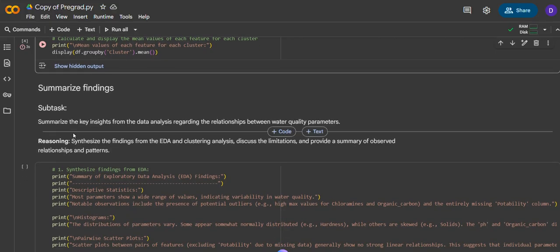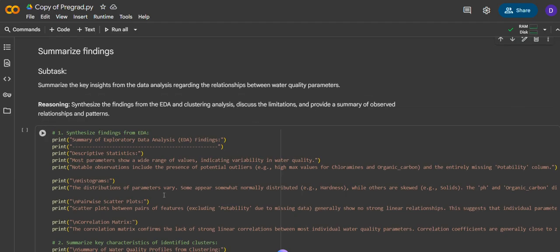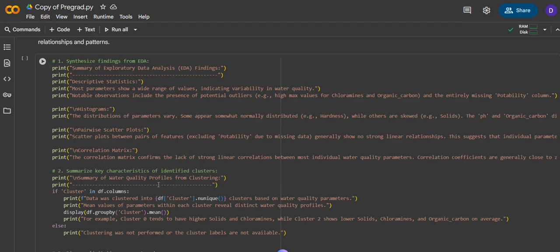Next, summarizing the findings. It's a very important step. What are the findings that I get after this multiple water quality parameters test? These are a few important highlights. Firstly, most parameters show a wide range of values, indicating variability in the water quality.